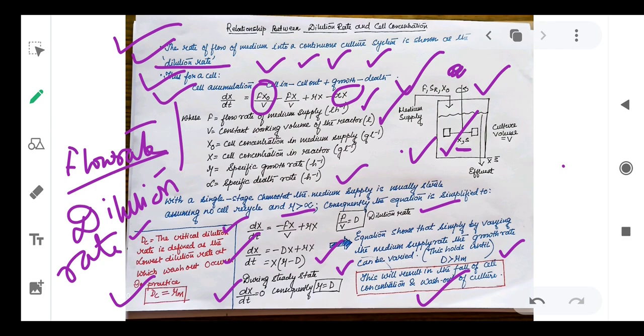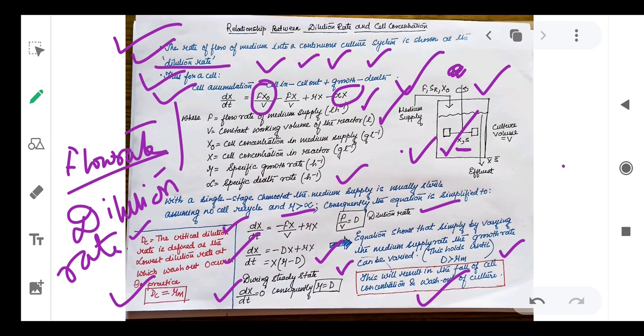If there is a maximum growth rate, there is a huge concentration of cells in the vessel. So what will happen if there is an increase in the flow rate? Since there are so many cells, some cells will come out along with the excretory metabolites from the other end of the fermenter. So the washout will occur.